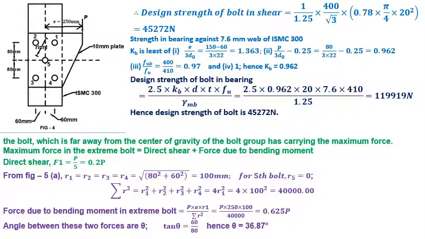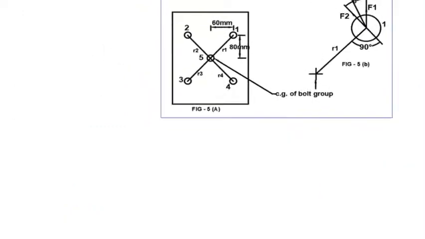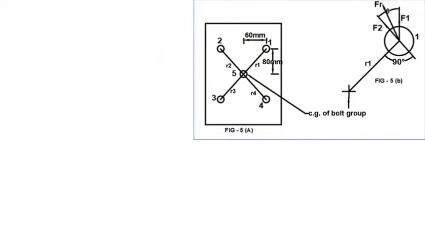Angle between these forces is theta. Therefore, tan theta equals 60 upon 80 and theta equals 36.87. Now, as shown in figure 5b, we have to calculate the resultant force of F1 and F2.